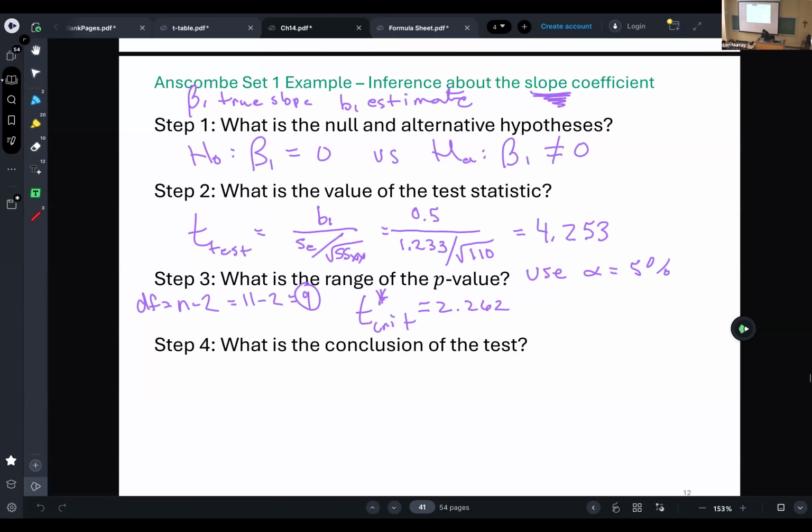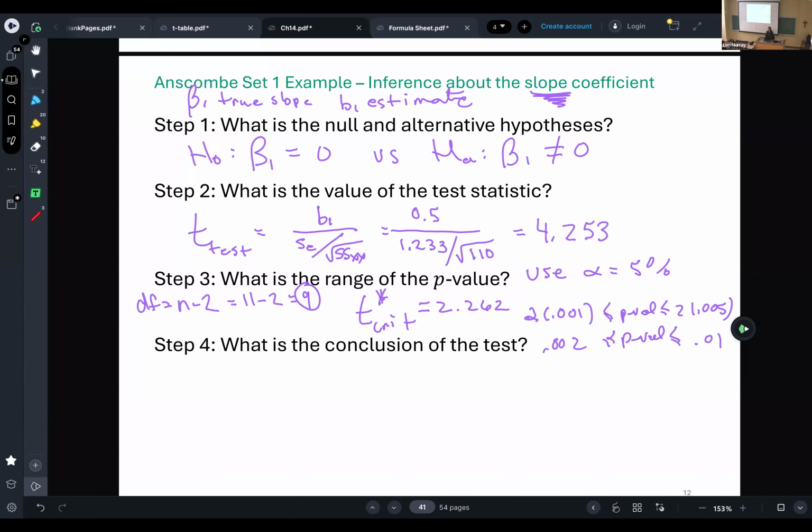So the p-value range is 2 times 0.001 to 2 times 0.005, which is 0.002 to 0.01.